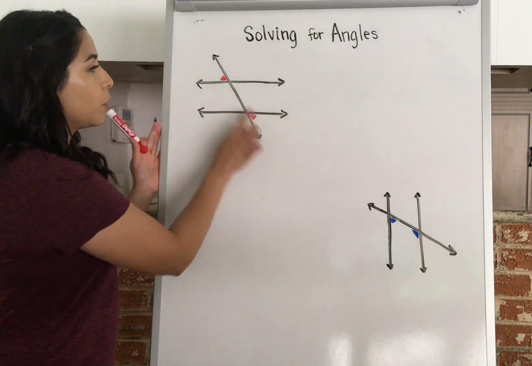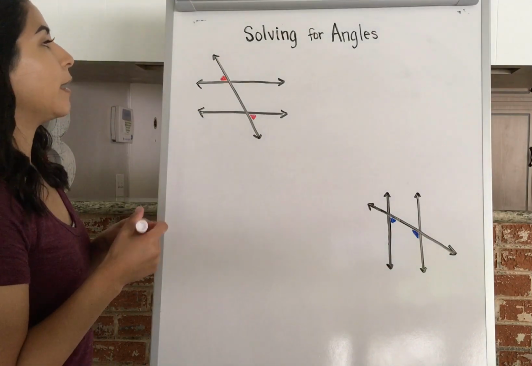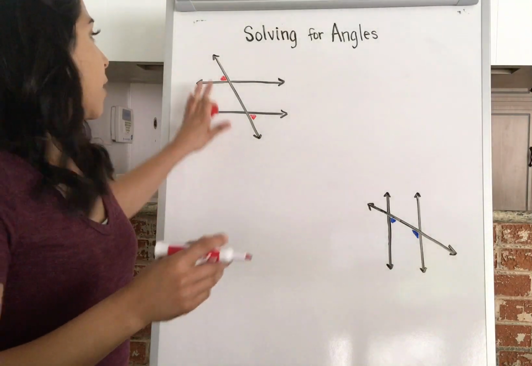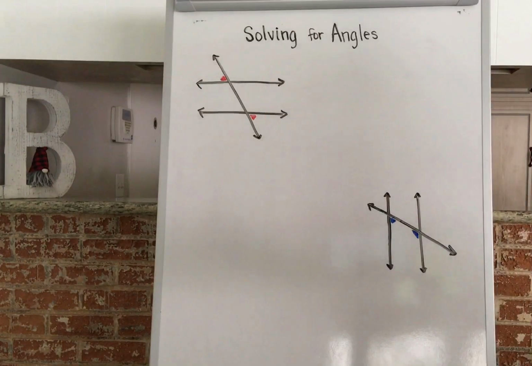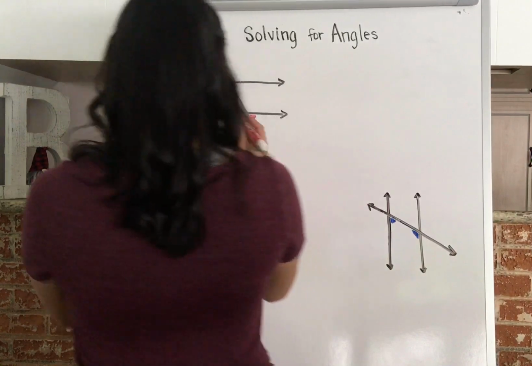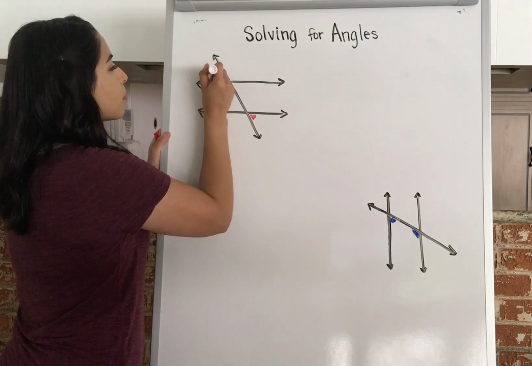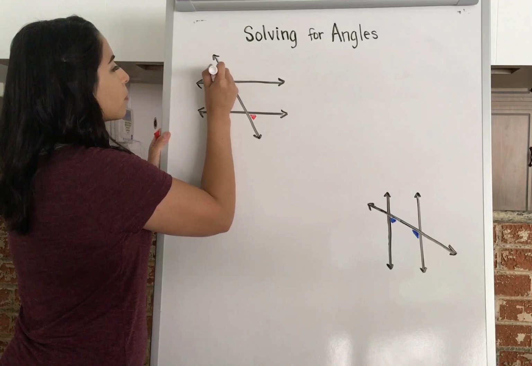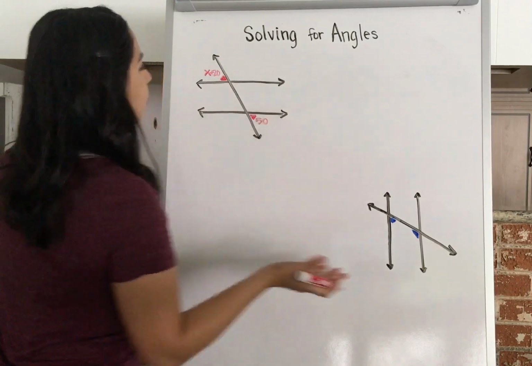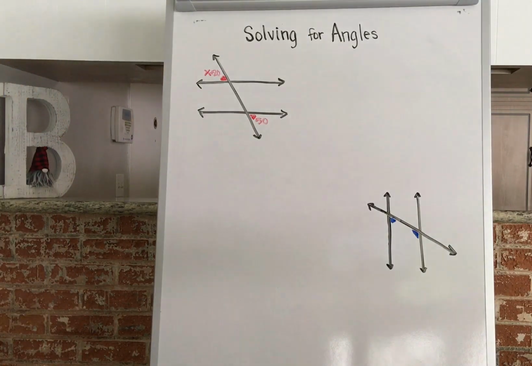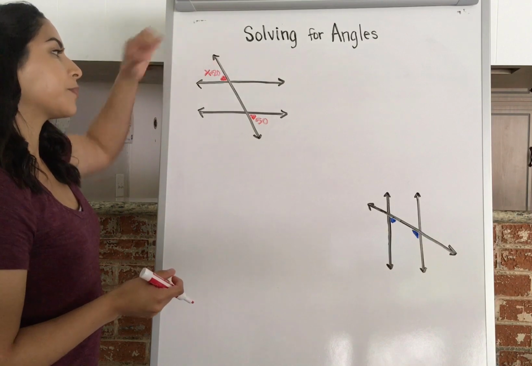So the problem will give you two angles, and it might tell you something like this angle is x plus 20, and this angle is 50, something like that. So how do I solve this missing piece here?